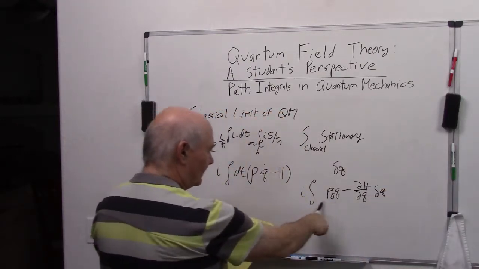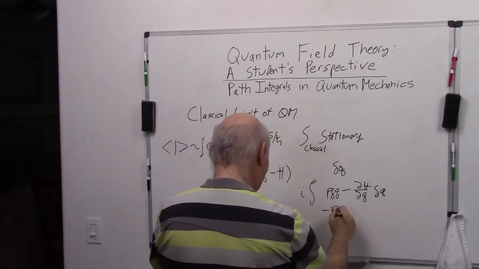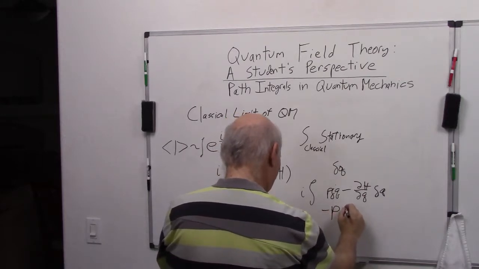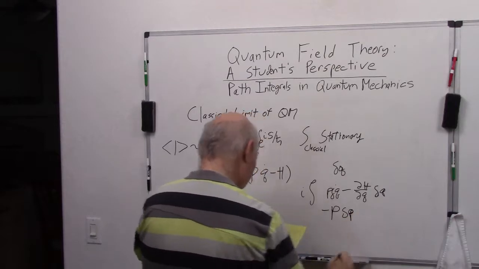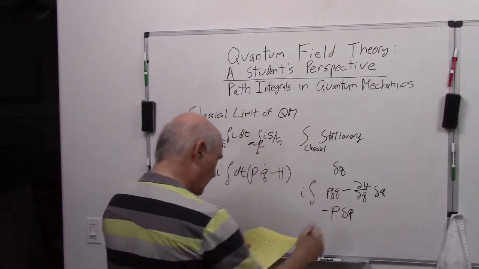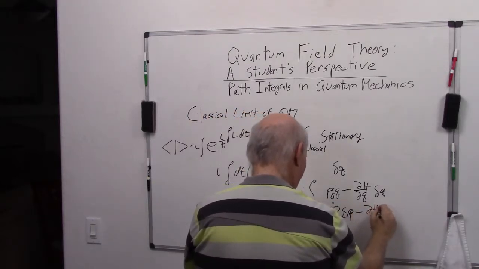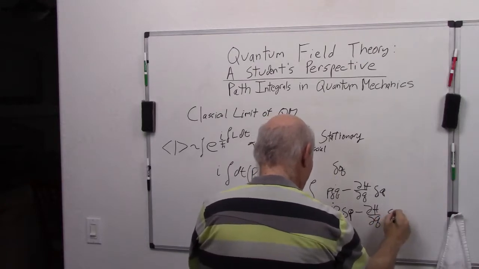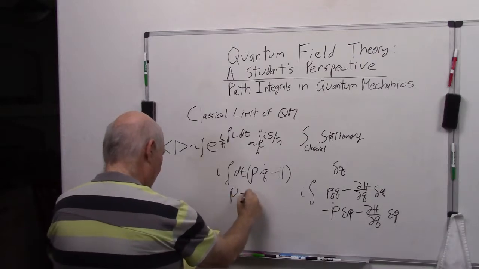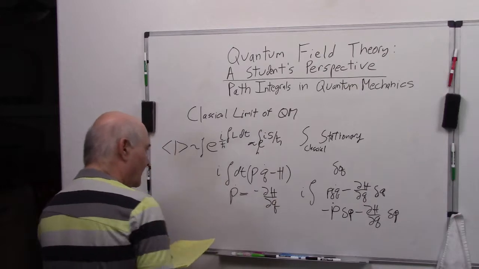Then we can do a partial integration, and we end up getting minus p dot delta q minus the partial of h with respect to q delta q. So this leads to the equation p dot equals minus the partial of h with respect to q.